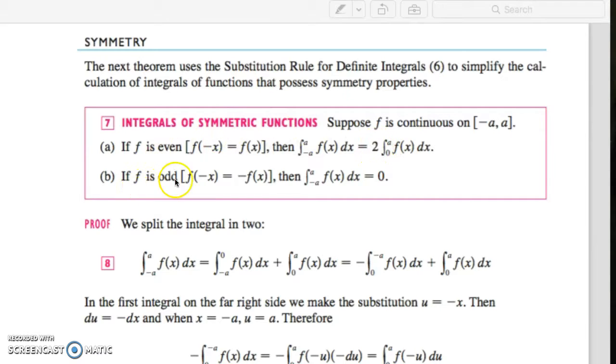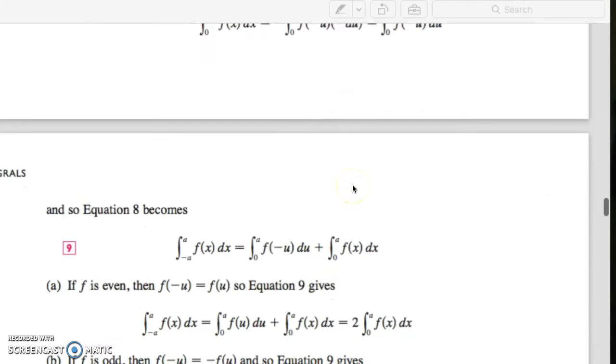If the function's odd, that is, if you plug in a negative and you get a negative function out, and you're going from a negative number to that positive number, the answer is always going to be 0. So this would be if we've got a really difficult function where it's too hard to actually find the antiderivative of it, we can use these to help simplify the process.